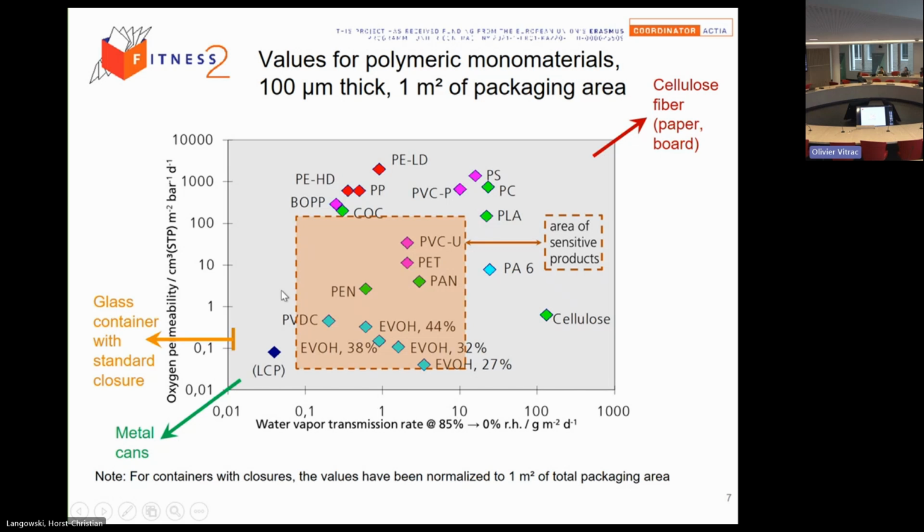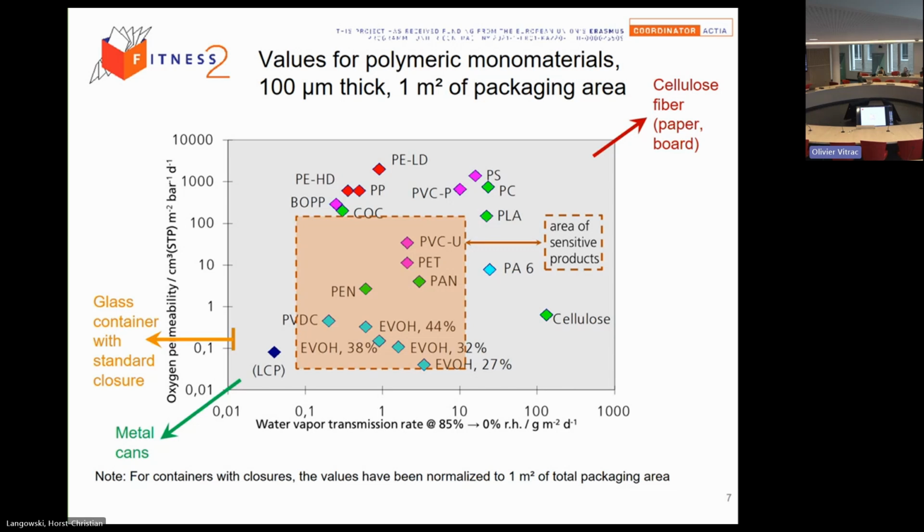You see that glass does quite a good job in spite of being just too heavy, but you still have to think about the closure of the glass packagings, which gives some residual permeability, and this means that they are not perfect. The only perfect things in spite of the corrosion are metal cans, but you know that we cannot replace everything by metal cans.